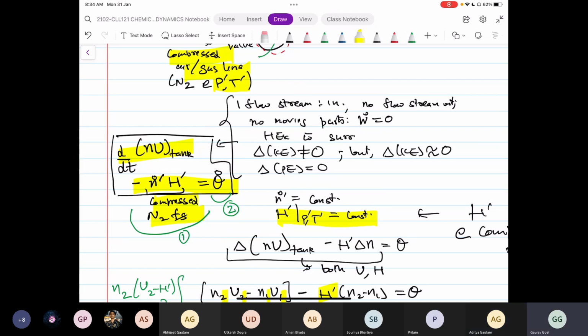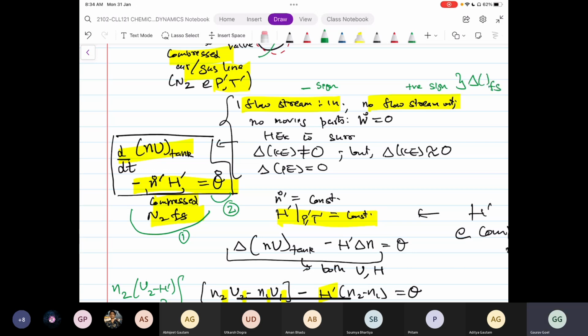Yes, but you go to the convention. Delta was defined as the net flow out. So everything which was going out was given a plus sign, everything which was coming in was given a minus sign. Here, because there is only one stream coming in and no streams going out, all the in streams would be given a minus sign and all the out streams a plus sign for our delta.